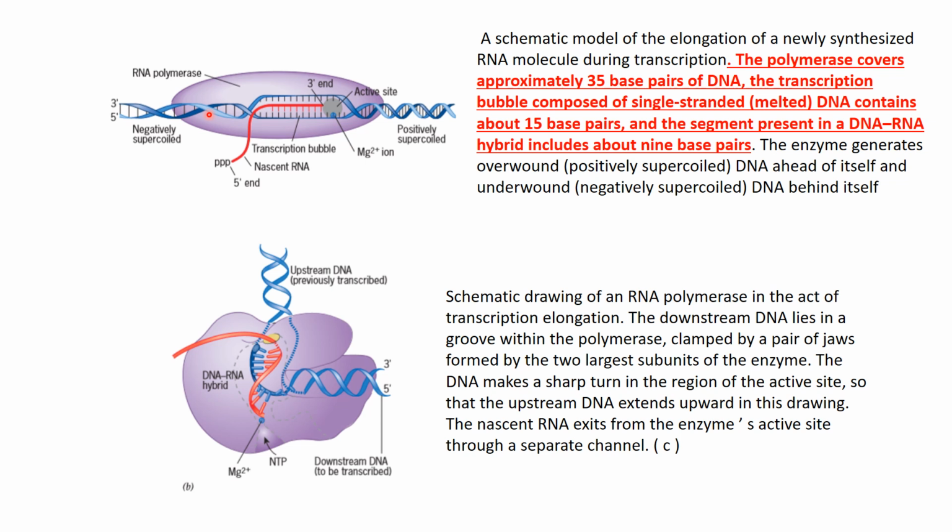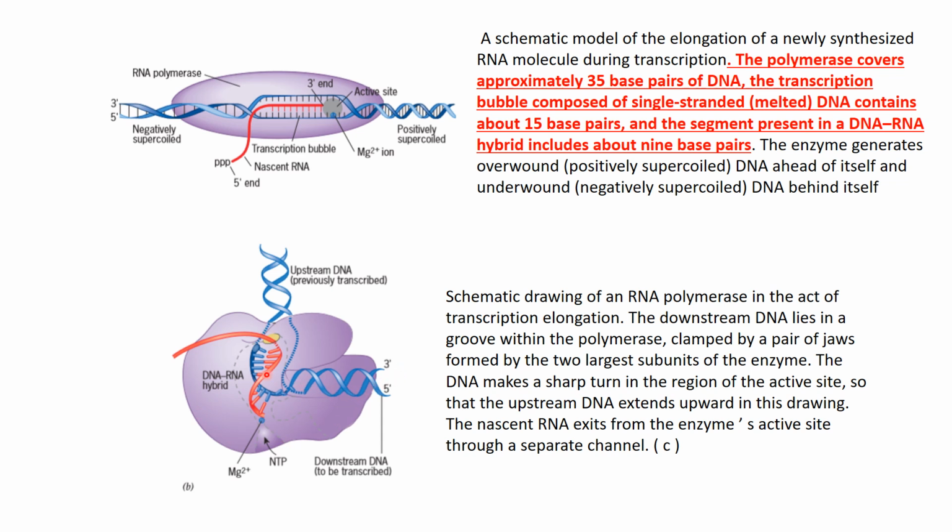Positive supercoiling is along the axis of the right-handed helix. Negative supercoiling is the reverse of the right-handed helix, that is, in the opposite direction of the right-handed helix. Now, what is this? This is the polymerase enzyme. We can very clearly see the polymerase enzyme.